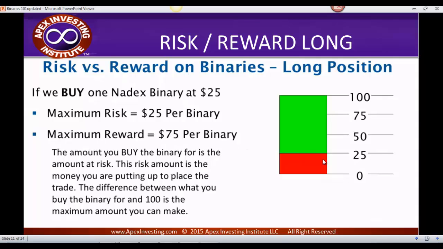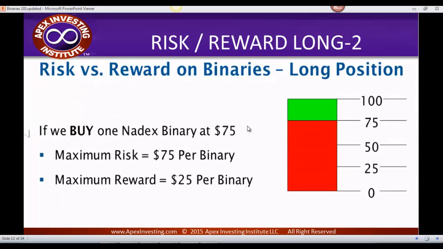So if you bought it for $25 and you were wrong, that was the amount that you would lose, $25. The risk is the amount of money you're putting up to place the trade. The difference between where you bought the binary and $100 is the maximum you can make. Okay, does that make sense to everybody? That's on a long position.